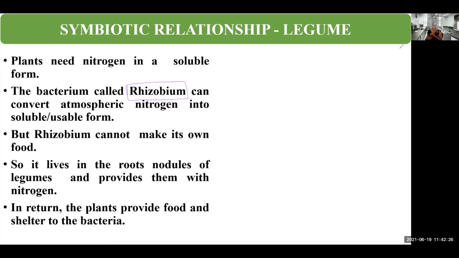But rhizobium cannot make its own food, so it lives in the root nodules of legumes. Legumes means peas, beans, chickpea, cowpea, groundnut, all kinds of plants that belong to legumes. So it will be present in the root nodules of legumes.